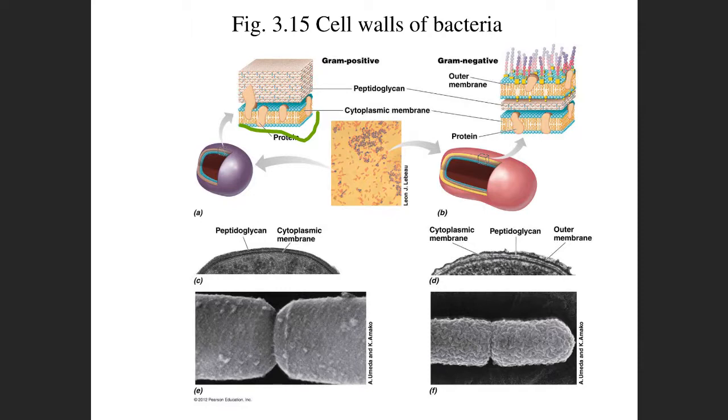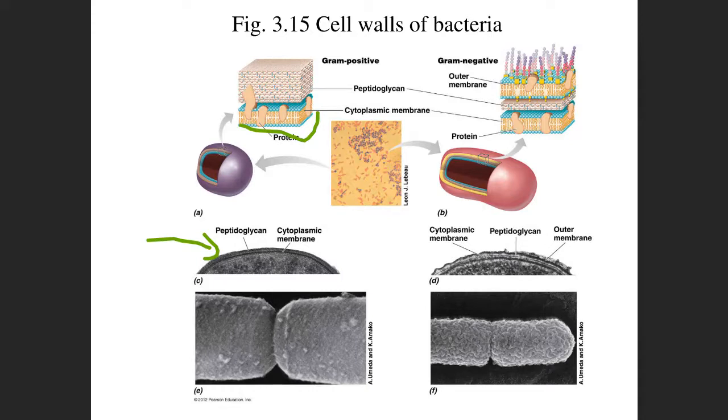So this is a gram-positive cell wall, right? You see two layers, and then you look at the gram-negative bacteria, and you can see multiple layers here.